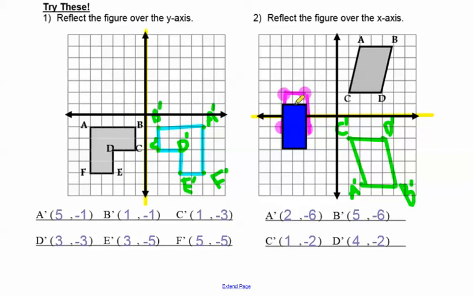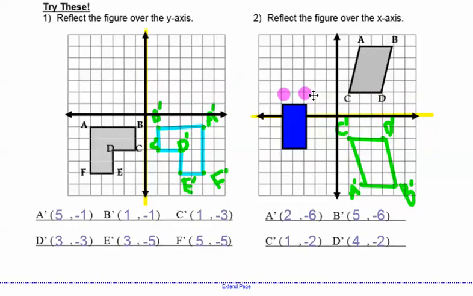It would kind of be overlapping. My new image would actually be in quadrant 2 and quadrant 3 because the original was in both quadrants also. So I just wanted to show you sometimes it won't be completely in one quadrant, and that you just take it one point at a time.